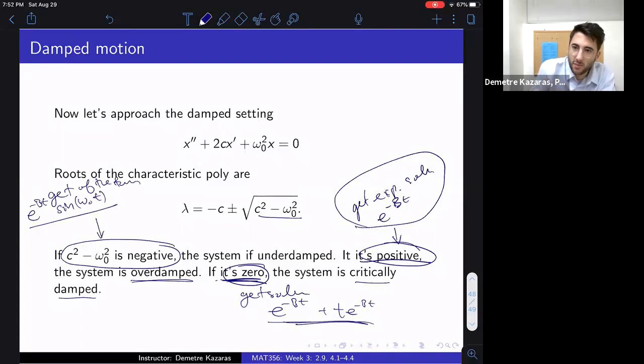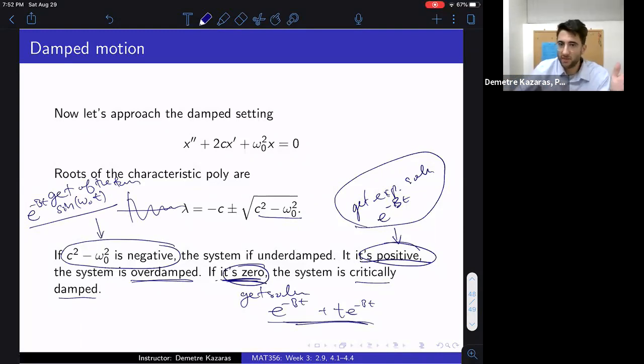An exponential function times a trig function. And so that gives you that nice damped oscillating behavior, where yes, you're being damped, but the spring still lets you do a little bit of wiggling, oscillating. That situation makes sense to call underdamped.